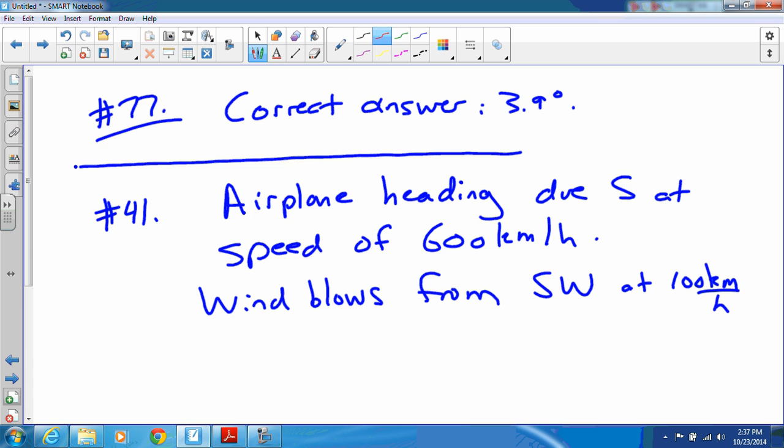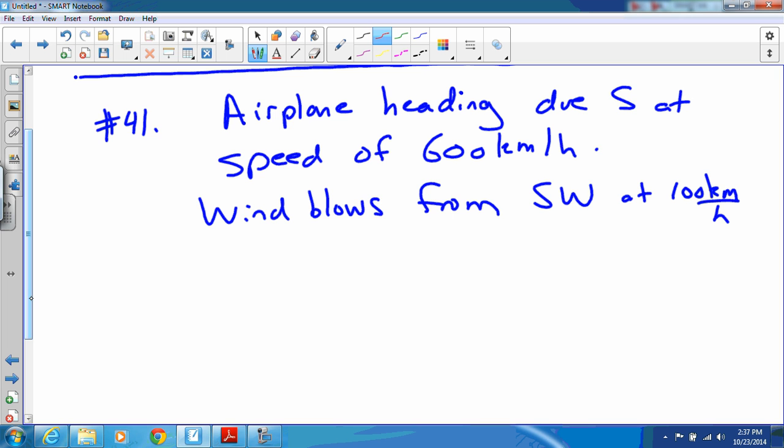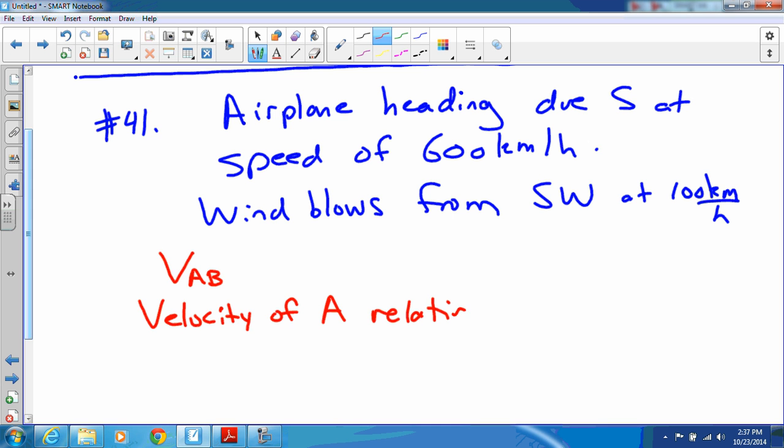The key with these relative velocity problems is how we label each one of these velocities. You remember that we had a labeling scheme, VAB. What this meant was the velocity of object A relative to B, the reference frame. The hard part is always figuring out what the reference frame is.